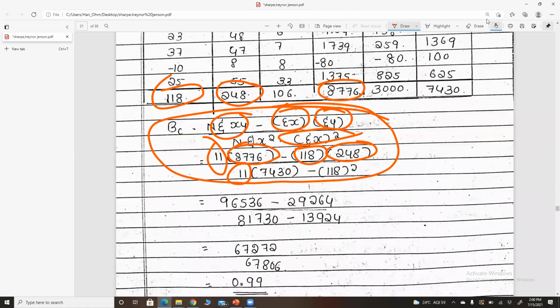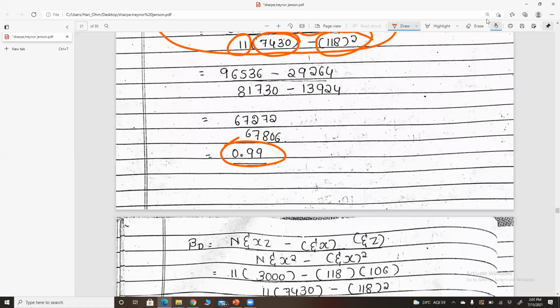Then n into summation x square: n is 11, and summation x square is the last column, that is 7430. Then summation x whole square, that is 118, the first column 118, whole square. So the answer is 0.99. Simplify, you get 1.99.